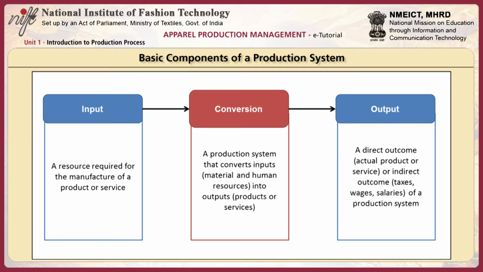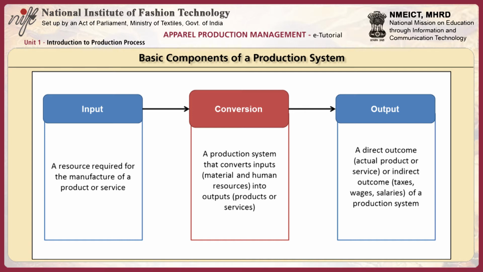As discussed, the following are the basic components of a production system. We have an input, we have a conversion process, and we have an output. Input is basically a resource required for the manufacture of a product or a service.